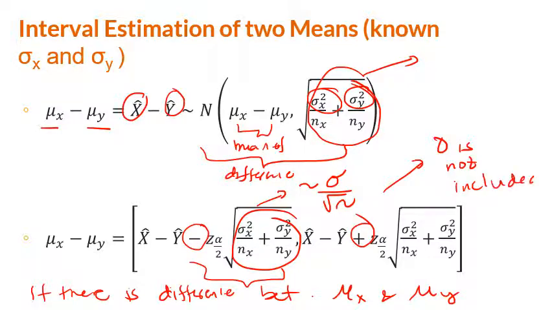Kasi if you look at it, meron kang minus something. So this could make the lower bound a negative number and your upper bound a positive number. So if your confidence interval includes 0, then it's not right to say that the population difference between x and y is statistically significant.